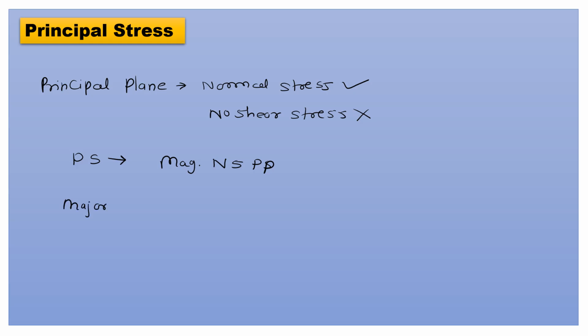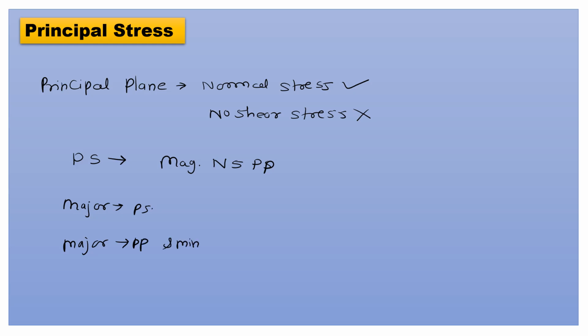Okay. Then next term is major principal plane and minor principal plane. The planes that carry major and minor principal stresses are called major principal plane and minor principal plane. So these are the four terms.